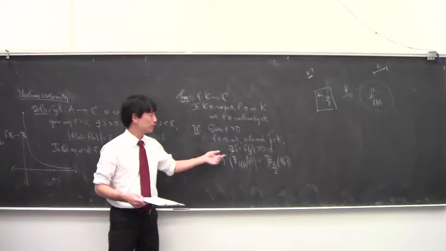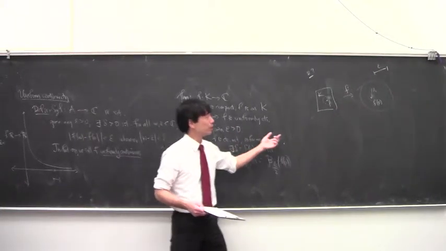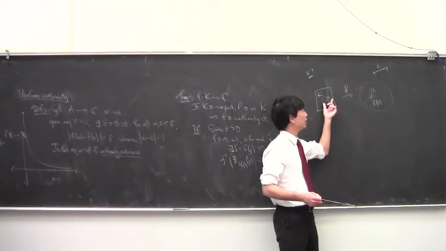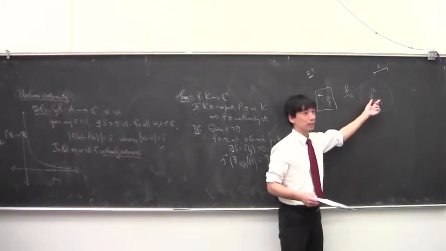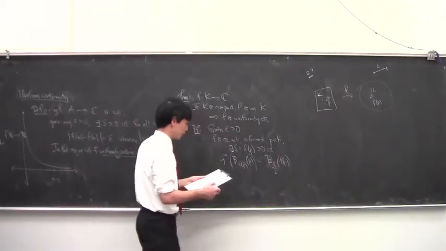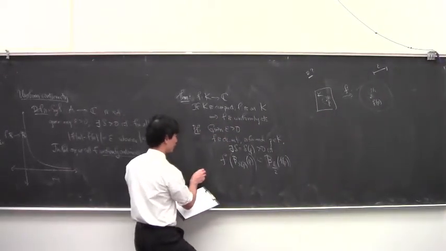That's what continuity says. Given any epsilon, we can find a neighborhood around a point so that this neighborhood gets mapped inside that one. So we do that for every single point, and we cover each.